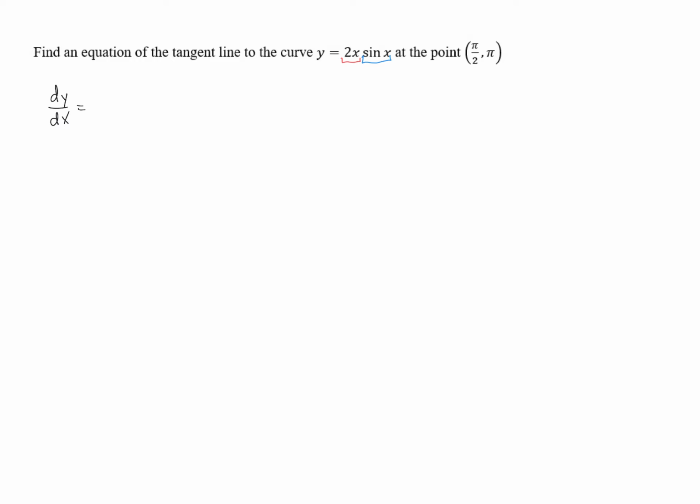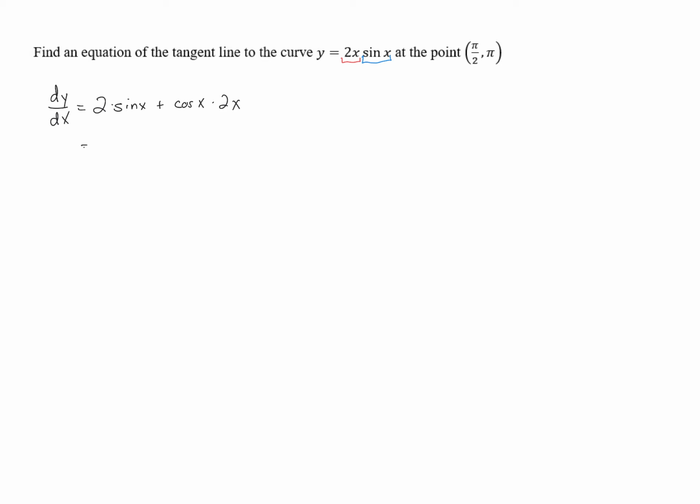So when we are taking the derivative of a product, we have the derivative of the first function, the derivative of 2x is 2, times the second function, which is sine x, plus the derivative of the second function, the derivative of sine x is cosine of x, times the first function, which is 2x.